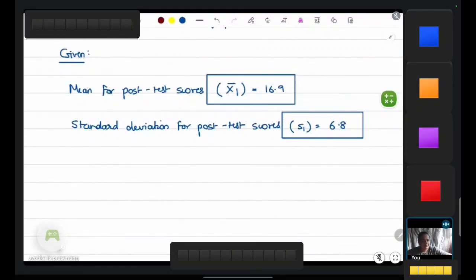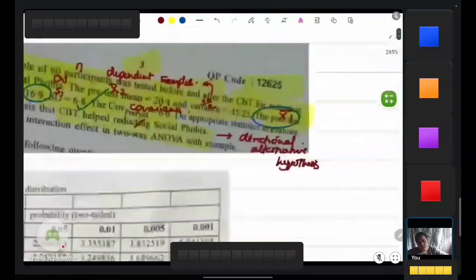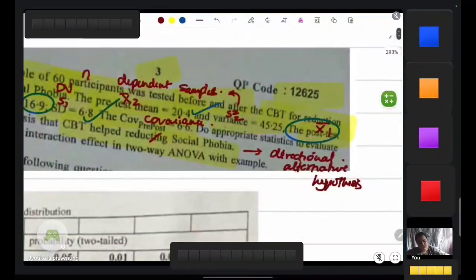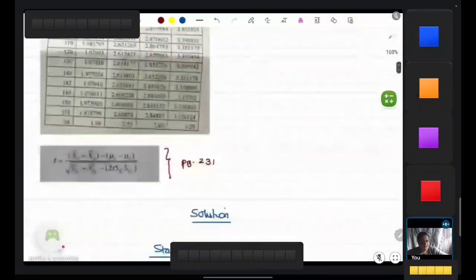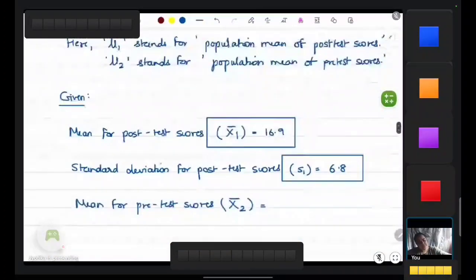Okay, now in the same way we will write the mean for pre-test scores, X bar 2, which is 20.4. Highlight.